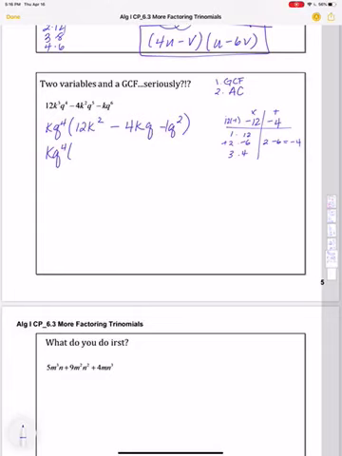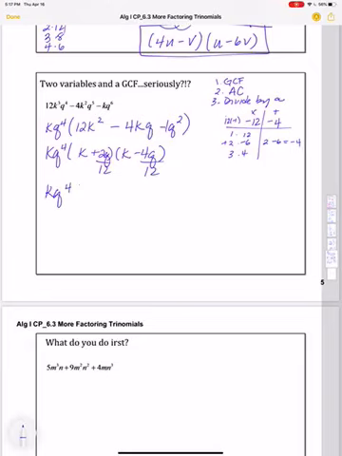Okay, so I've got K plus 2Q, oops, almost forgot that, and K minus 4Q. And then step 3 is I have to divide by A. So A was 12.